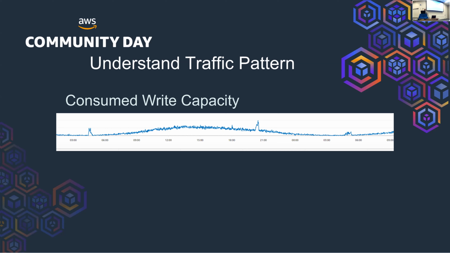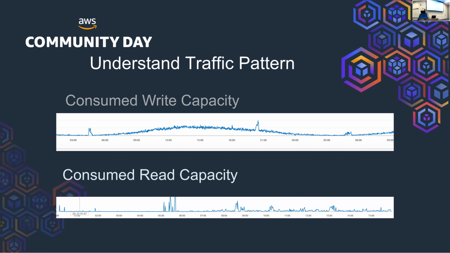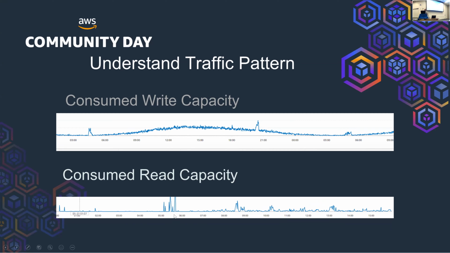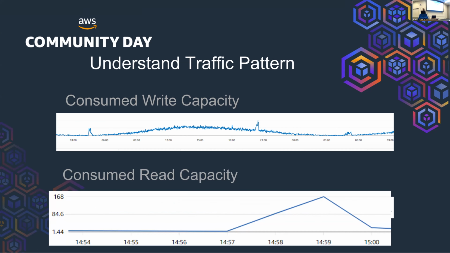You have to go through that analysis. For reads, we saw it to be more spiky. You have to make sure that your application traffic pattern fits with what provisioned capacity is going to offer.